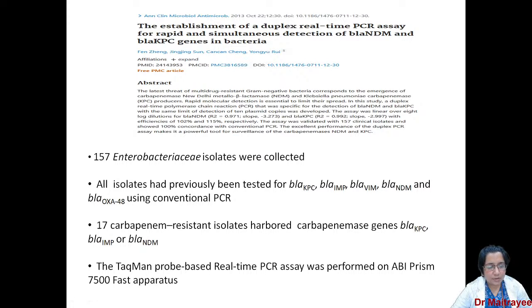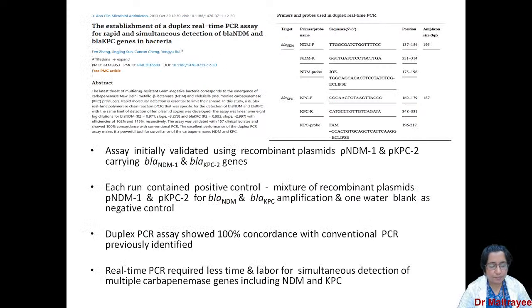All isolates had previously been tested for BLA, KPC, AIIMS, VIM, NDM, and OXA48 using conventional PCR. 17 carbapenem-resistant isolates harbored the carbapenemase genes KPC, AIIMS, and NDM. Then the TaqMan probe-based real-time PCR assay was performed on an ABI Prism 7500 Fast apparatus.